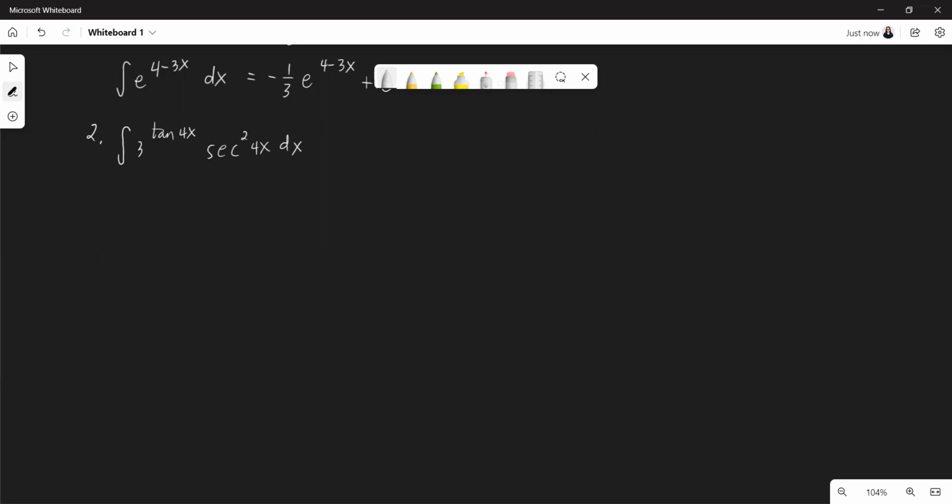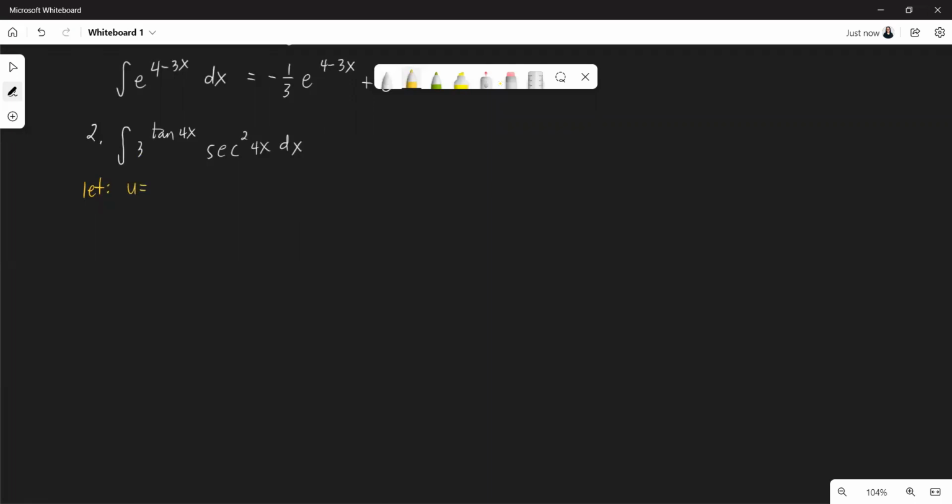And you can relate tangent and secant squared, because they are trigonometric functions. So we have here the form a raised to the power of u, where u is tangent of 4x. Just observe the pattern.